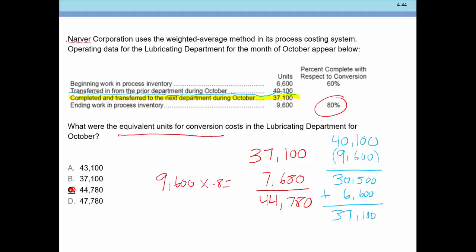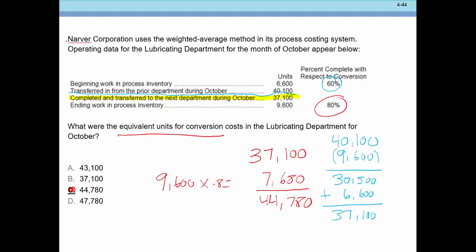Here they did. So what is the same? Why don't we use that? This one? Why don't we use it? Because that's not what we do when we use the weighted average method. Weighted average method says we're going to take all the costs that were gathered in the beginning inventory, plus the costs that were added for the period, and that's how we calculate our weighted average.